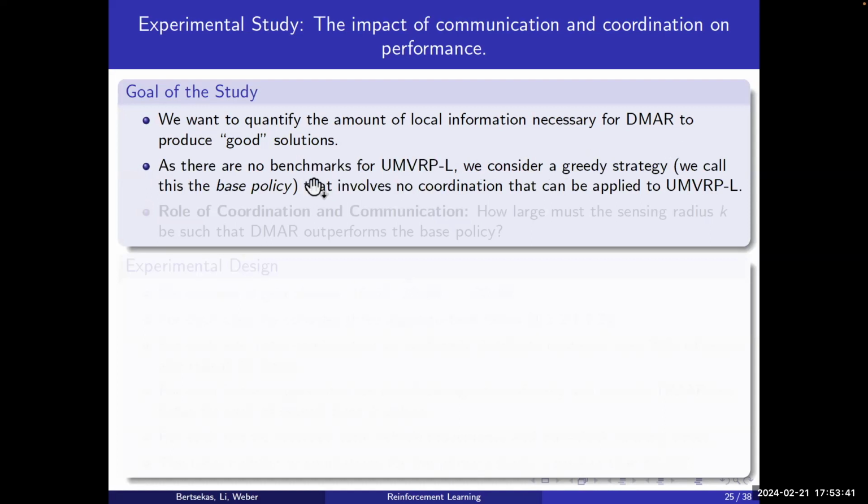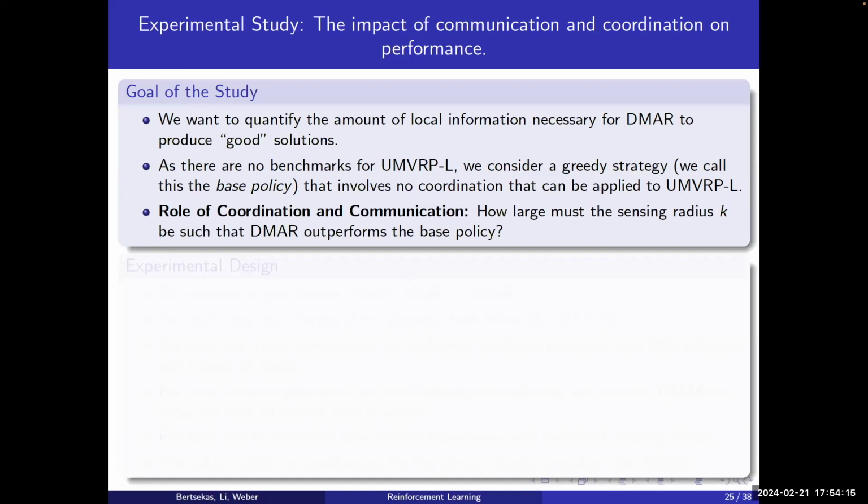It's similar to DMAR, except it doesn't use multi-agent rollout. It just uses a greedy nearest-task type of heuristic. This base policy involves no coordination, and it can be applied to the UMVRPL case because agents can just move around the map, and if they happen to see a task, they can just go for it. So eventually, provided all tasks are reachable, this greedy algorithm will solve the instance.